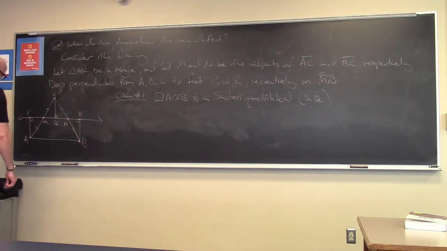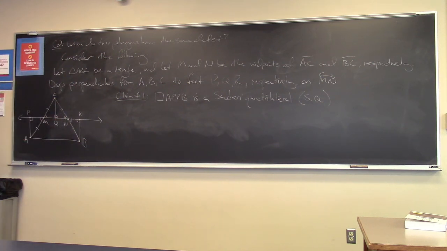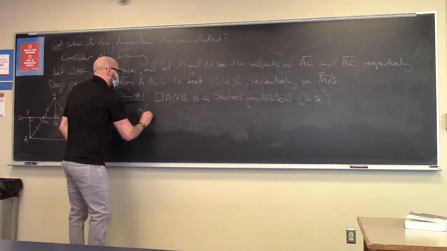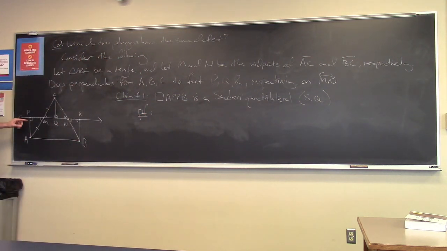How do I do that? Well, there's two more congruences that I haven't labeled. These are vertical angles, so those are congruent. And these are vertical angles, so those are congruent. So really quick proof using congruences and transitivity and so on.